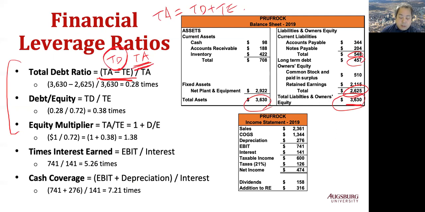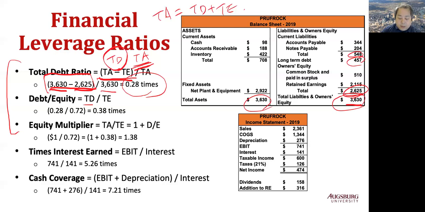So total assets minus total equity gives total debt, divided by total assets. 3,630 total assets minus 2,625 total equity is the total debt, divided by total assets, gives 0.28 times, the total debt ratio. You can also compare debt to equity directly.